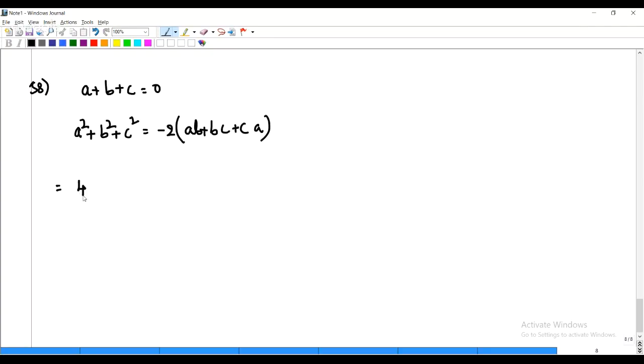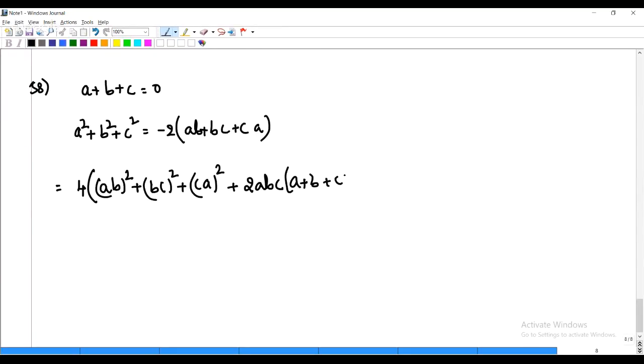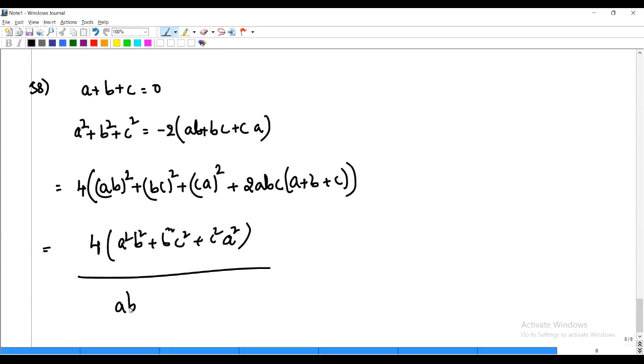If I square it, it will be 4 into AB square, BC square plus CA square plus 2, you can see A, B, C common. You'll be getting A plus B plus C. Anyway, this becomes 0. So the overall square of it becomes 4 into A square B square plus B square C square plus C square A square. So if you divide this by A square B square plus B square C square plus C square A square, it will be simply 4.